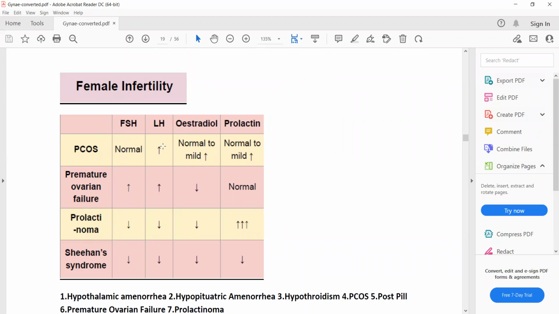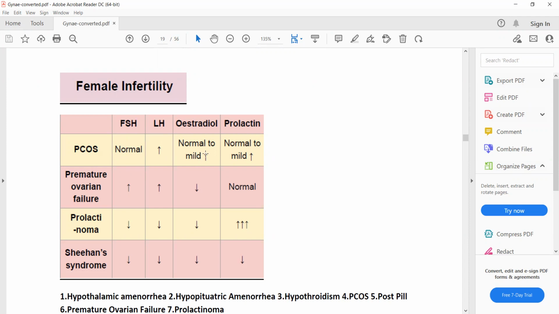And in PCO, LH is high and FSH is normal or high, but still, more precisely, the LH to FSH ratio is doubled. So LH will be double that of FSH.